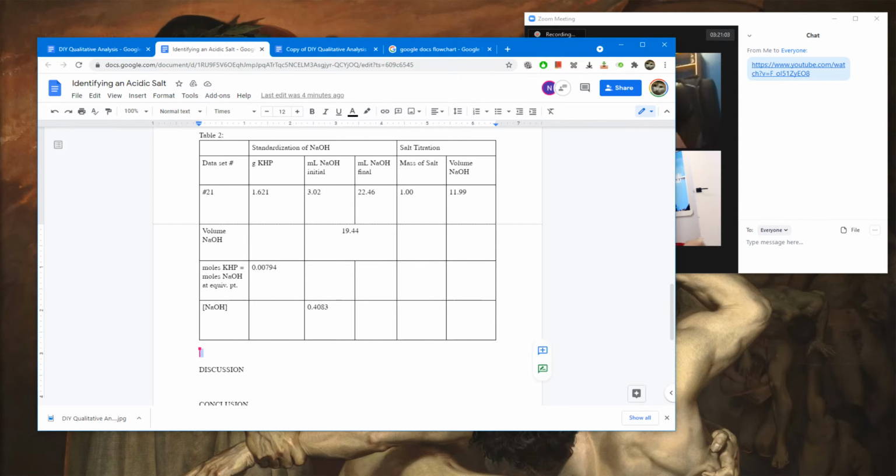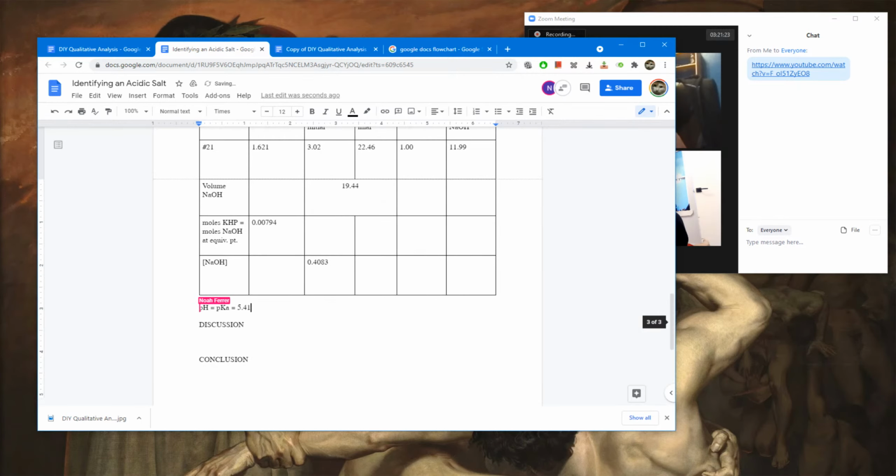So pH is equal to pKa, which is 5.41. That's at the half equivalence point, and at the equivalence point all of it has been neutralized.